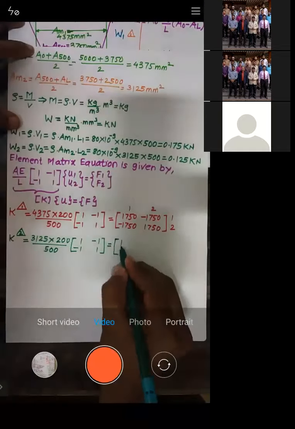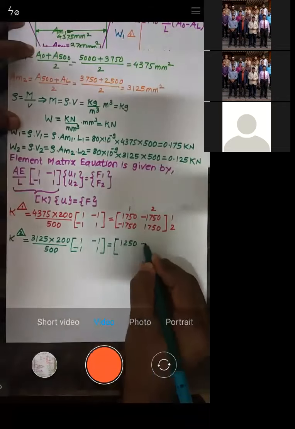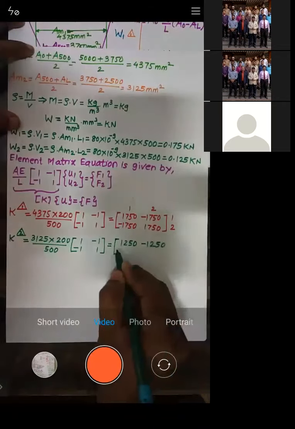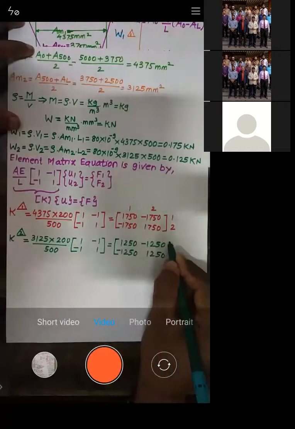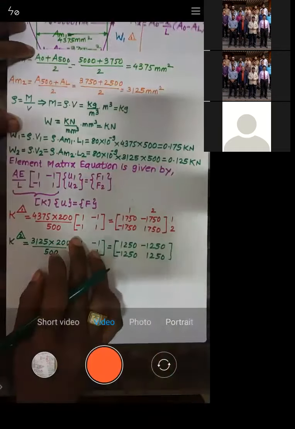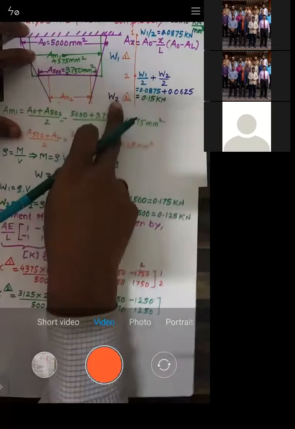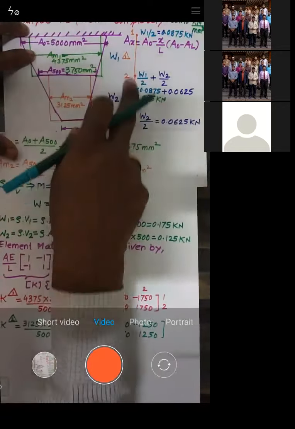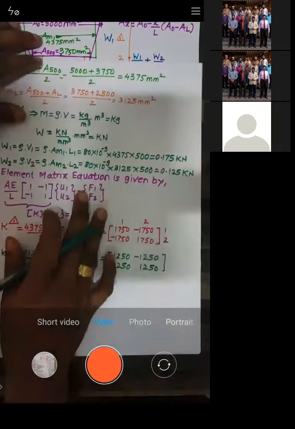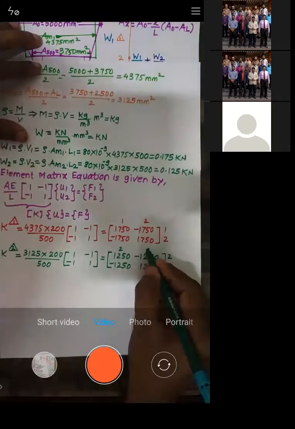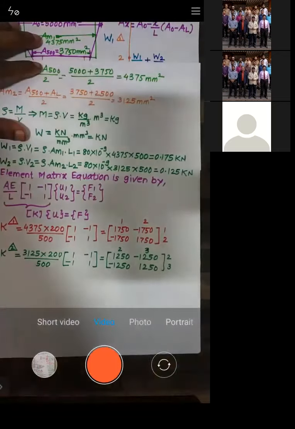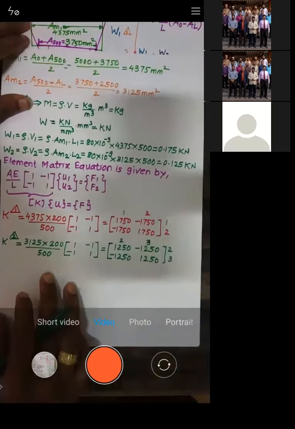So this is 1250, minus 1250, minus 1250, and 1250, right? Now if you see this element number 2, it is between node 2 and 3. So accordingly you assign the rows and columns. So it's 2 and 3.